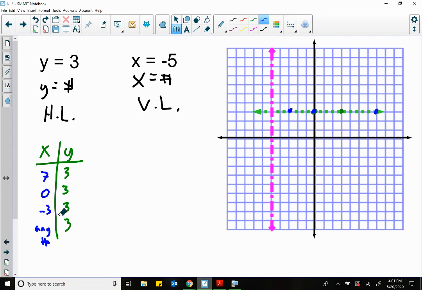Because you are making the y value 3, the only possible points are at this y value of 3, which is going to run horizontally. Hopefully that makes sense. And the same thing happens for the x value. What you have done here is you made the x value nothing but -5.